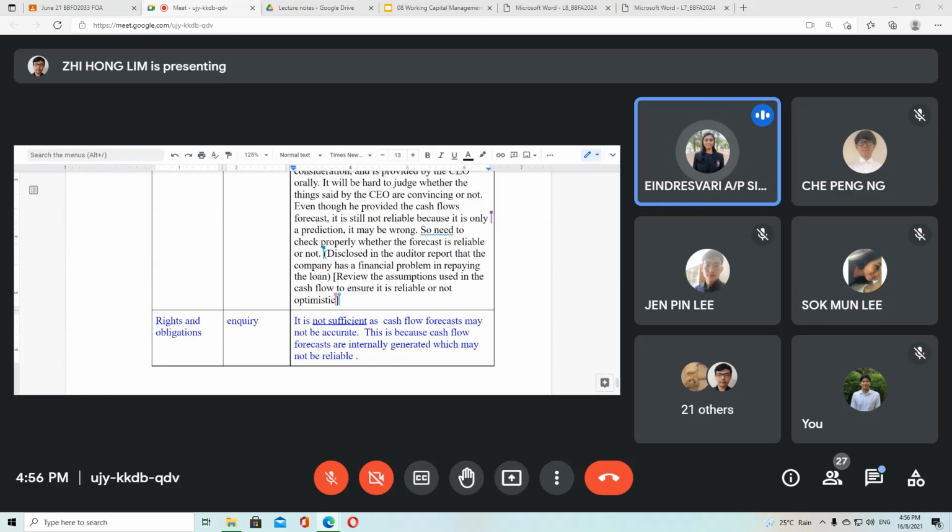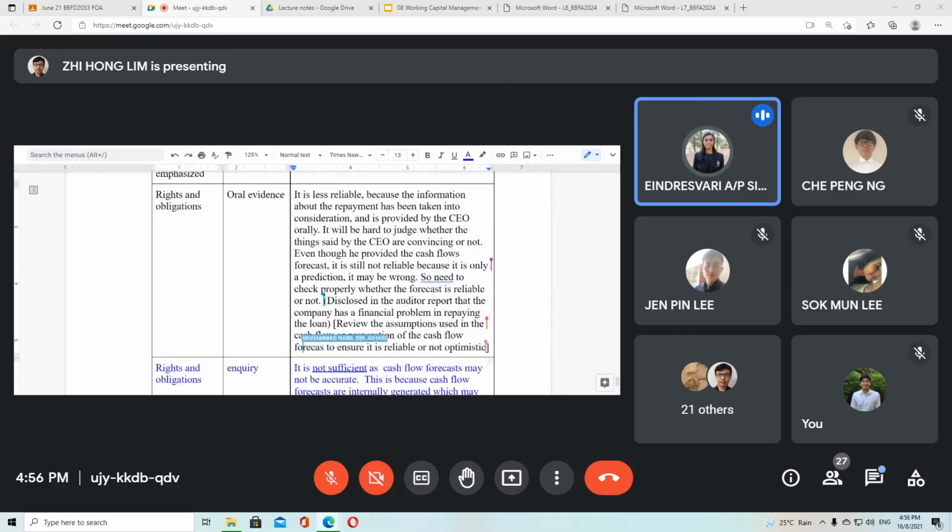We are talking about whether the company has the ability to make payment in future or not. How are you going to know what is the future? The only thing is through cash flow forecast. That's why you need to look into the details. Any other question? Basically, this question is just to test your understanding. I won't test like this. This is like kindergarten. I just want you to understand the concept, to check whether you really know what you are doing or not.